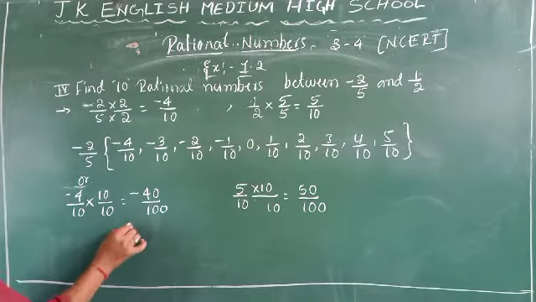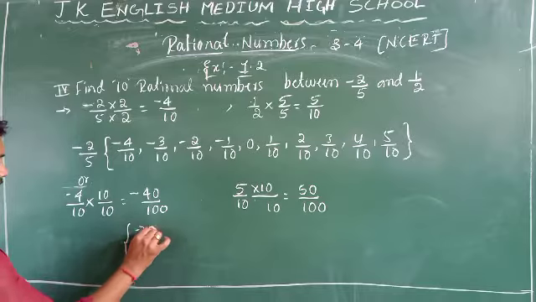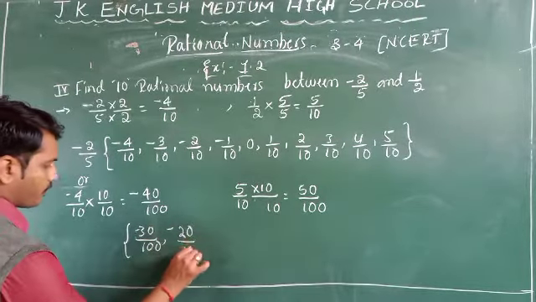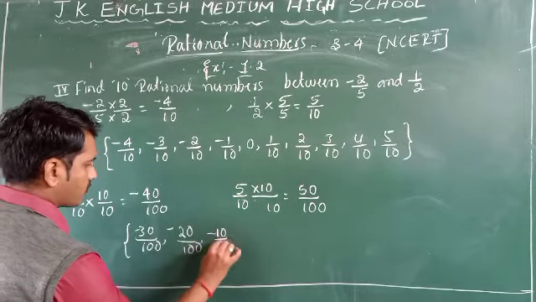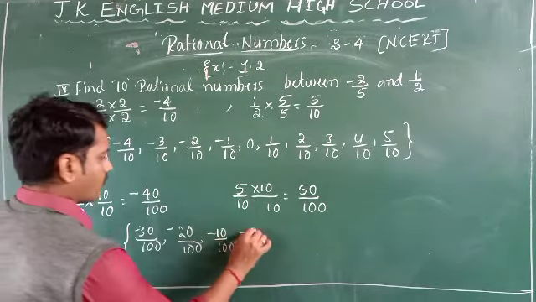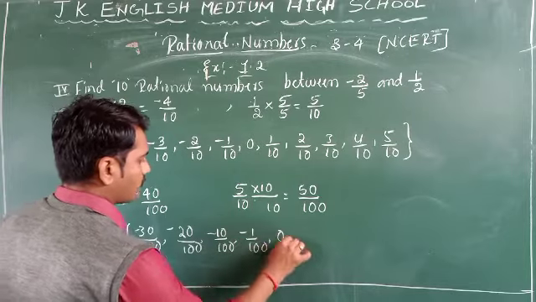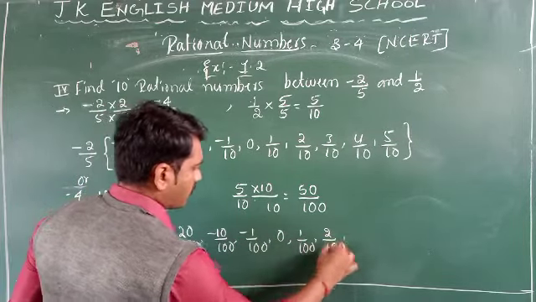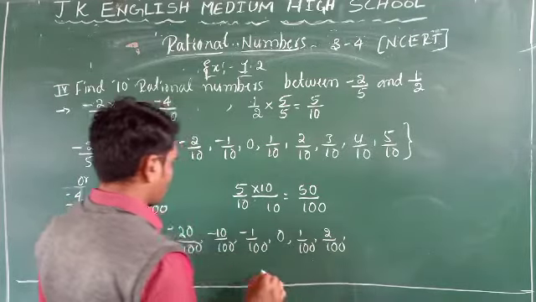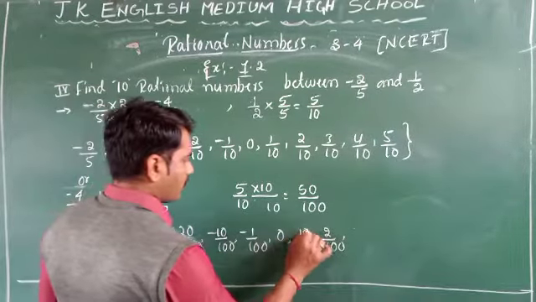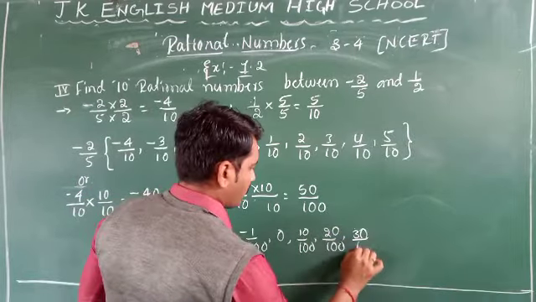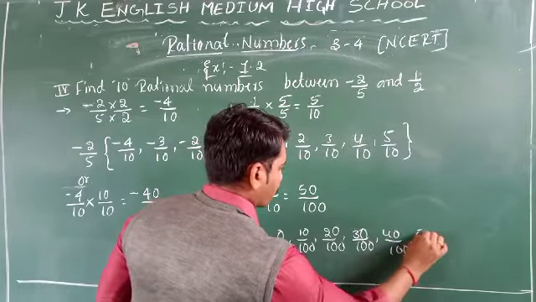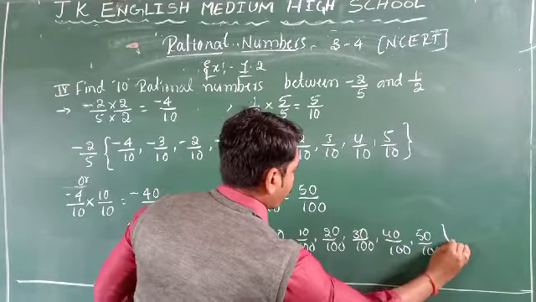So this side also you can write: minus 30 by 100, minus 20 by 100, minus 10 by 100, minus 1 by 100, 0, 1 upon 100, 2 upon 100, 10, 20, 30 upon 100, 40 upon 100, 50 upon 100.